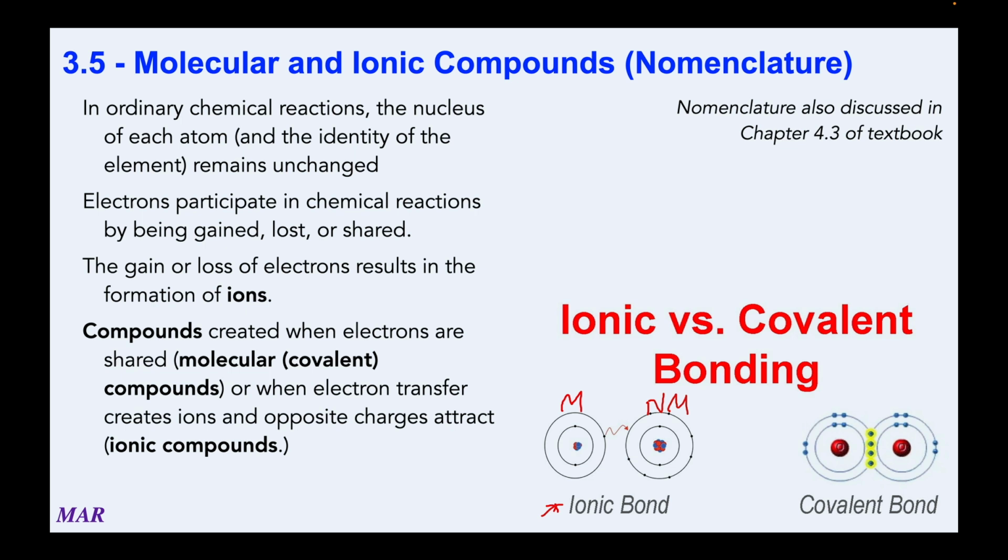But on the other hand, there are lots of examples of where molecules share electrons, and those are called molecular or covalent compounds. And they're both really important. Covalent compounds are not as strong generally as ionic bonds, but they can be really useful because life needs a lot of bonds that are acting really fast.